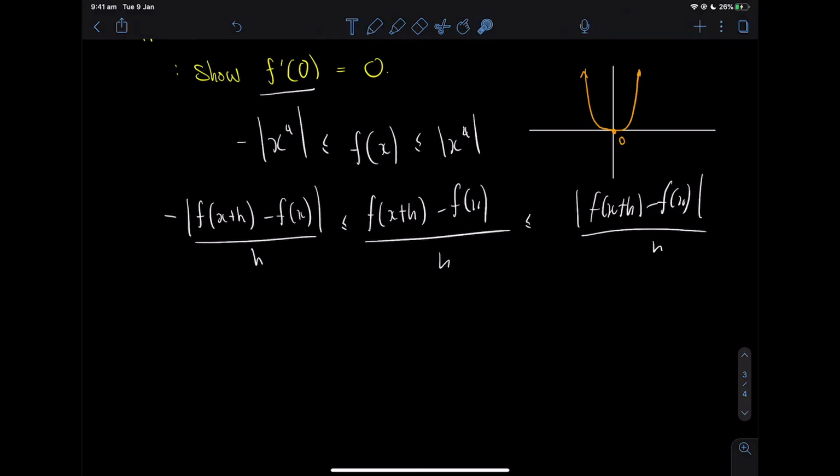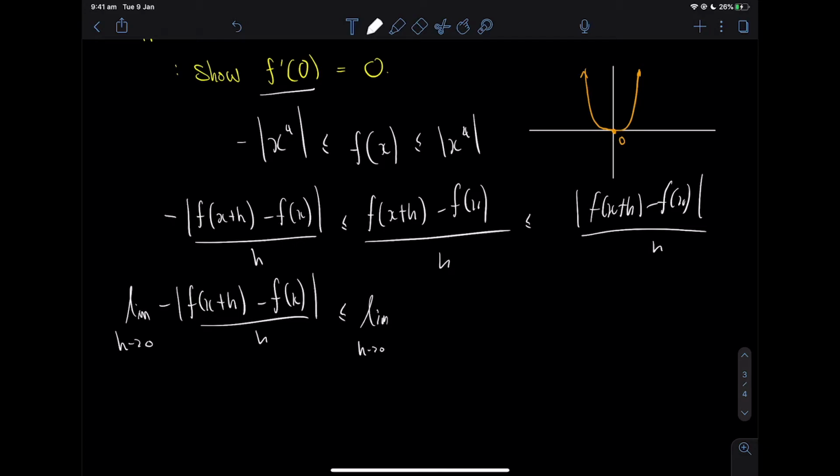Cool. And from here we can show now that the limit as h goes to 0 will approach this f dash of x. So let's apply the limit to each of these terms as h goes to 0. The limit of minus the absolute value of f of x plus h minus f of x, maintaining that minus sign, is less than or equal to the limit as h goes to 0 of f of x plus h minus f of x all over h, is less than or equal to the limit as h goes to 0 of the absolute value of f of x plus h minus f of x.